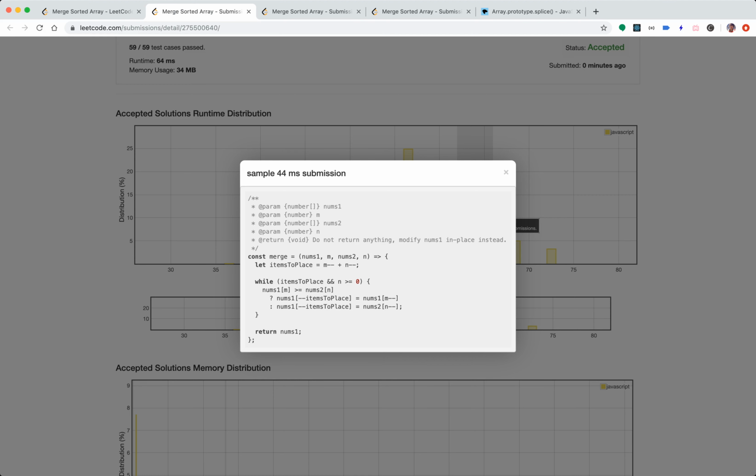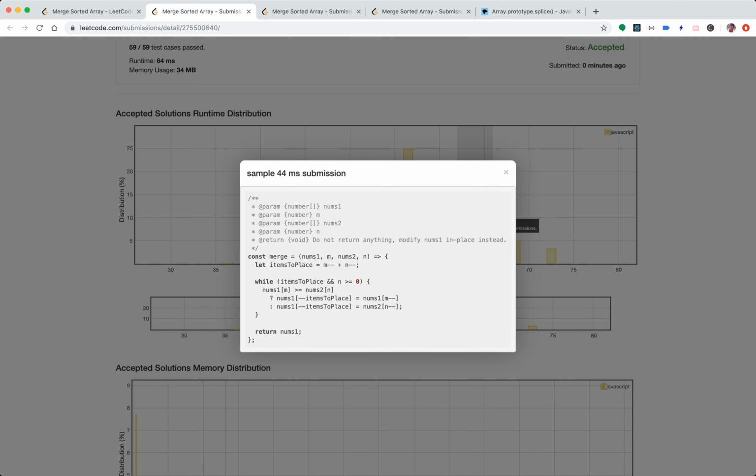Items to place. m minus minus, n minus minus. Just place items back there. So if n is bigger than 0, there's still n, and there's space to put.